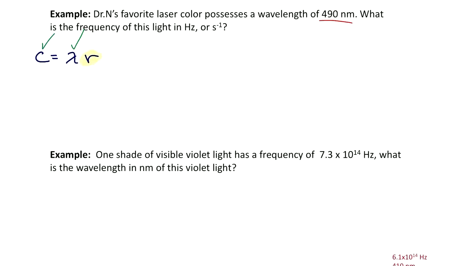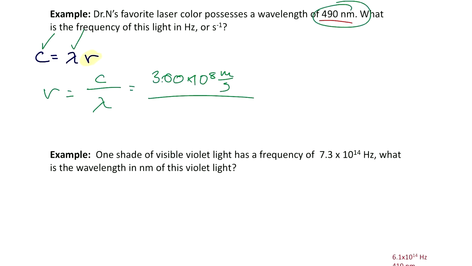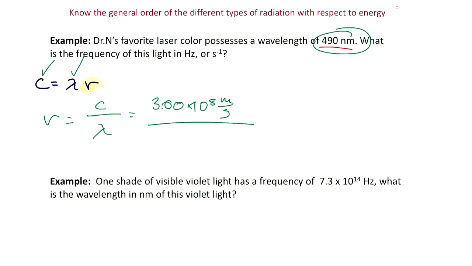But do remember, speed of light is in the unit of meters per second. I'll rearrange this: nu equals speed of light over wavelength. Speed of light is 3 times 10 to the 8 meters per second. So we need to make sure wavelength is in meters as well, because we can't just put whatever unit we want. But I gave you this wavelength in nanometers. Let's remind ourselves, what does nano mean?